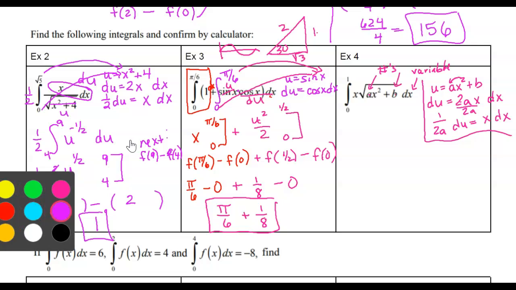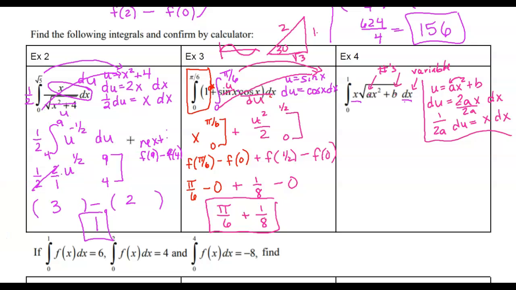All right, so we get x dx is going to be 1 over 2a, that's du, and this would be u to the 1/2. I'm going to go ahead and leave my limits off just because I want to integrate. I'm just excited. I don't know, okay?